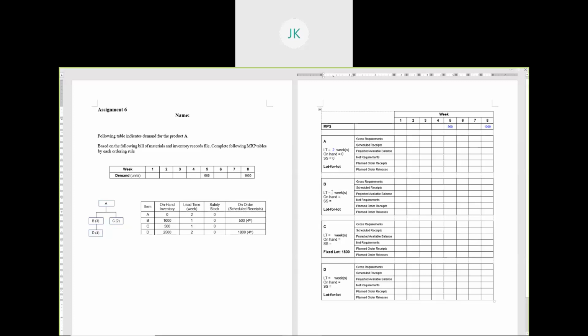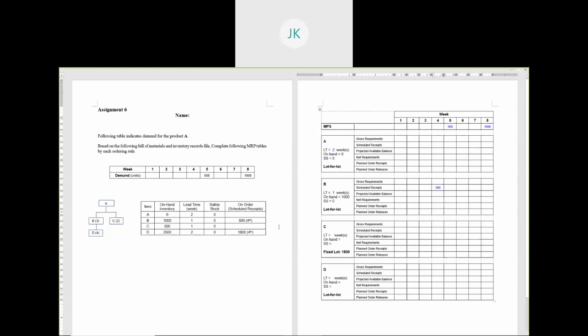And B, lead time is 1, on hand is 1000, safety stock is 0, and scheduled receipt 500 in the 4th week.